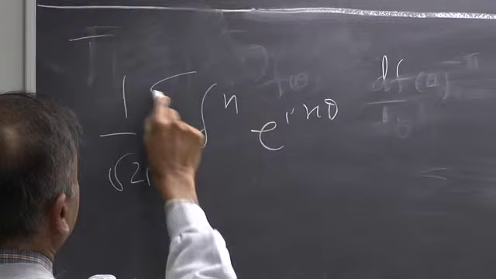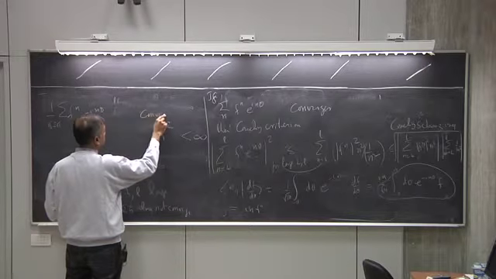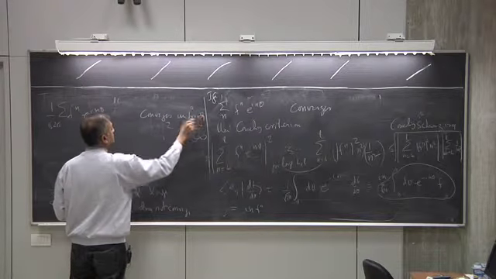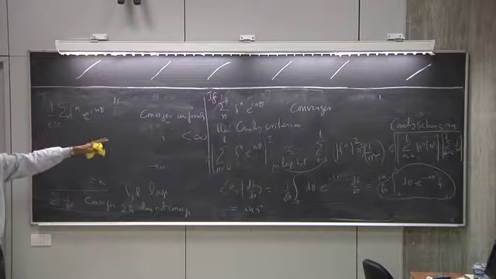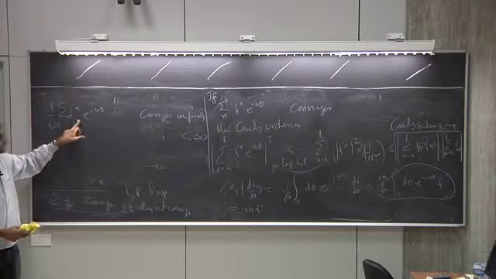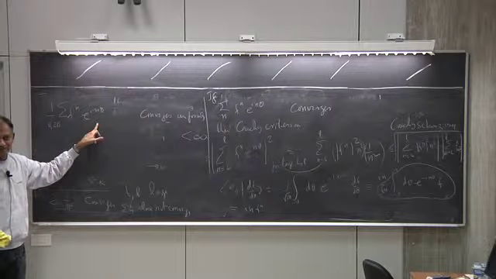Suppose this series converges uniformly, then the function to which it converges will be continuous provided each of these terms is continuous, right? But this is obviously continuous. E to the I n theta is a continuous function, right?